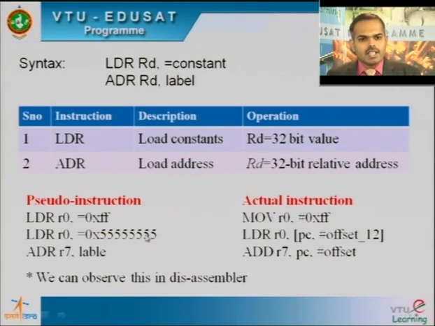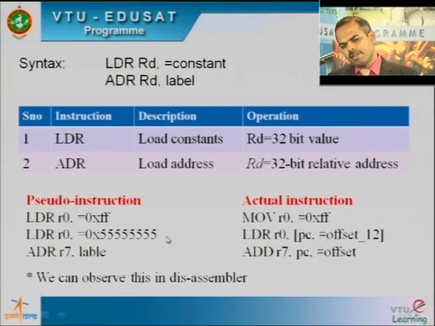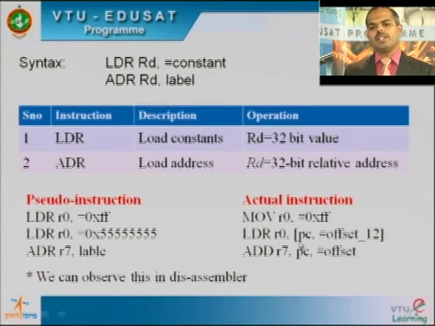This means if a programmer uses this instruction LDR R0, =0x55555555, then the assembler, which is responsible for converting this mnemonic or instruction to the basic opcode, converts this instruction internally to LDR R0, [PC plus offset value].